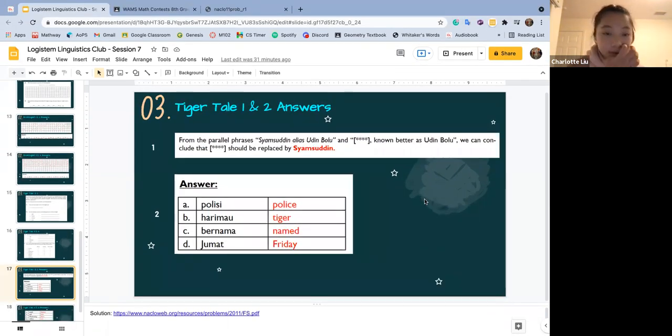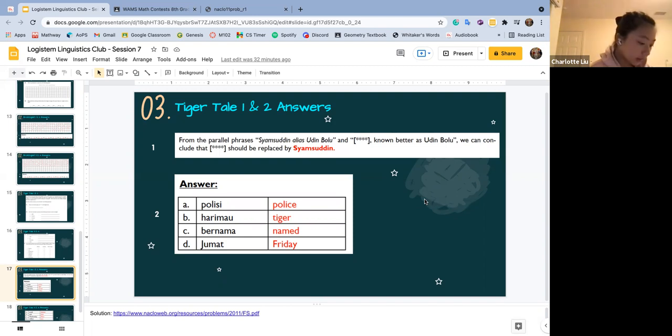Okay, so this question is a bit harder because, like I said, the translations weren't direct translations. So for the first question, we can find the answer because in the first sentence of the first article, we see this same sentence similar to the last sentence in the second paragraph, which is known better as Uden Balu.